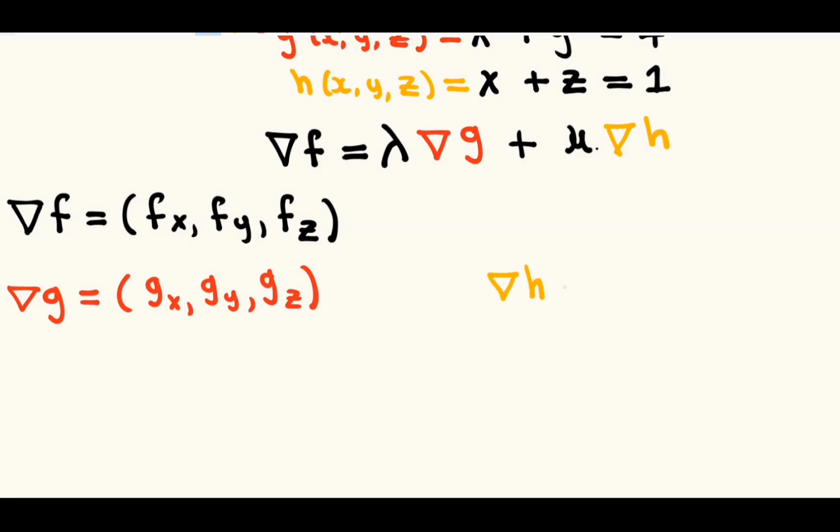Delta h will be equal to the partial derivative of h with respect to x, the partial derivative of h with respect to y, the partial derivative of h with respect to z.